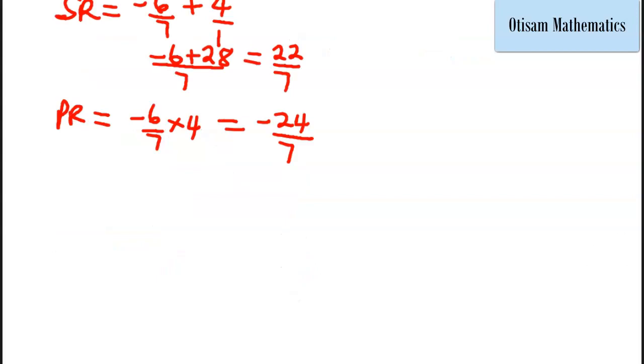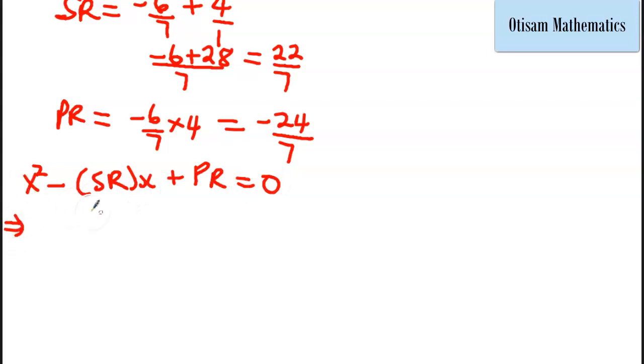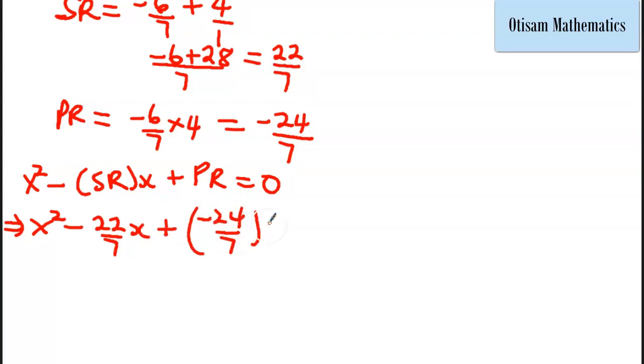The equation is x squared minus sum of roots x plus product of roots is equal to 0. So let's substitute them. Sum of roots is equal to 22 on 7 x plus product of roots, minus 24 on 7. This is equal to 0.